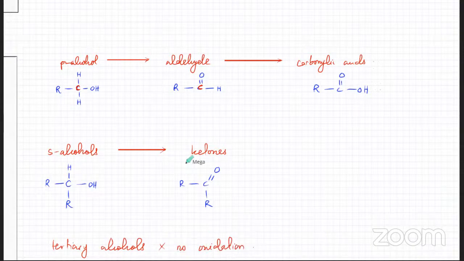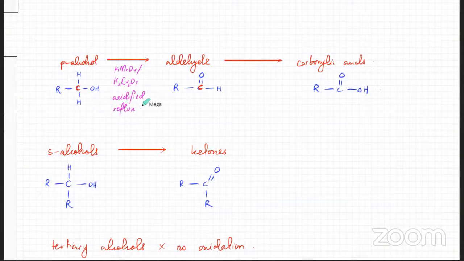Now, you have to remember the conditions as well. What are the conditions used for oxidation? You use KMnO4 or K2Cr2O7, potassium dichromate(VI), and they're going to be acidified, and you reflux.